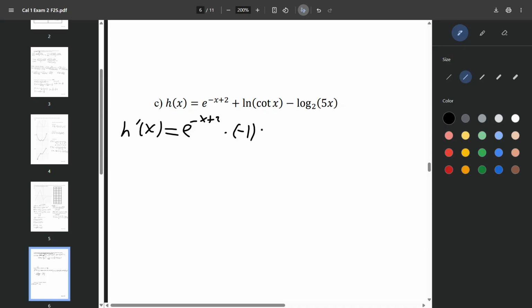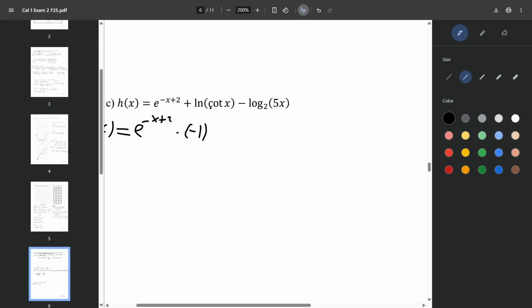Now, the next part of the equation is ln of cotangent of x. So the derivative of a log is 1 over ln of the base. The base of ln is e, so ln of e is 1, so now you need to write that down.